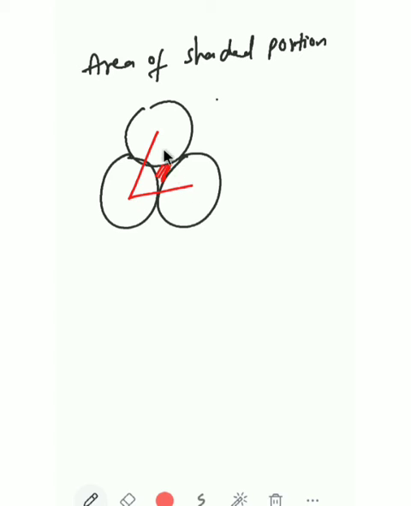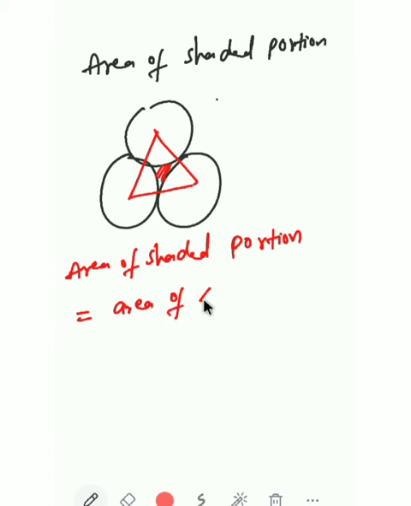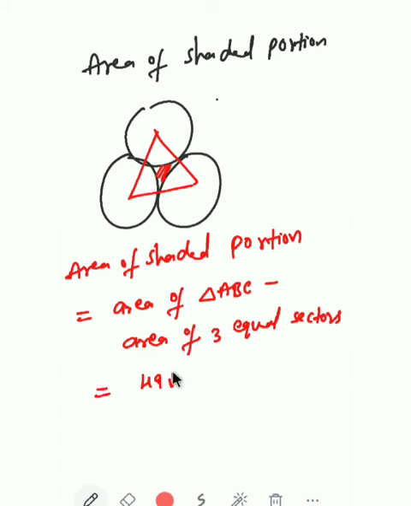To find that, the area of the shaded portion is equal to the area of triangle ABC minus the area of 3 equal sectors.